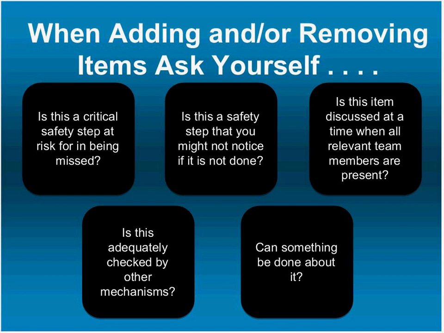Is this a safety step that you might not notice if it's not done? This is where the checklist can be the most powerful. There are many things that we do in an operating room that you can look and tell whether you did them or not. If you are using an iodine-based prep on a patient or a tinted prep, you can look at the skin and tell that the prep is on.